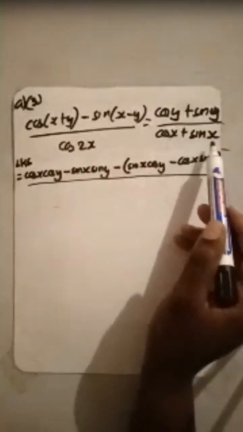Now there I have a problem: what am I having on the denominator? I'm having cos 2x.